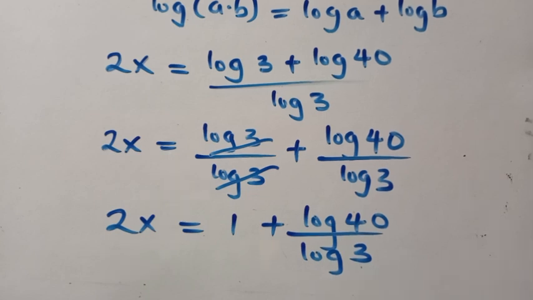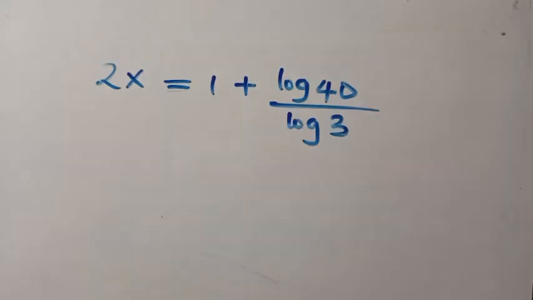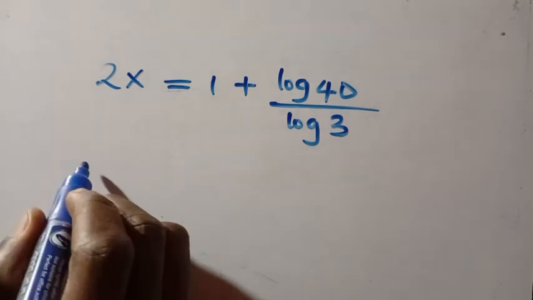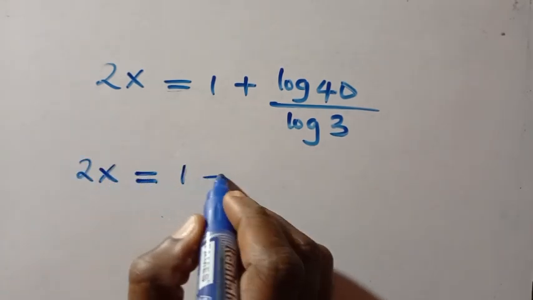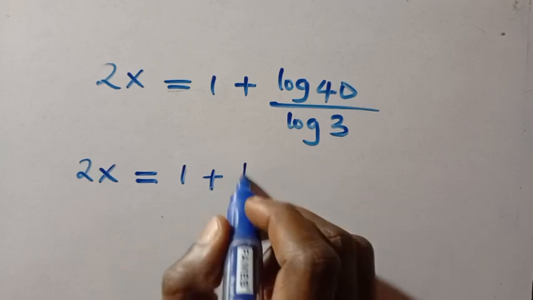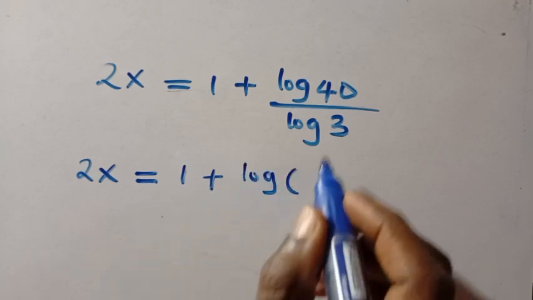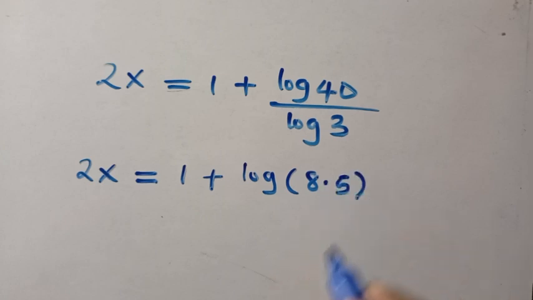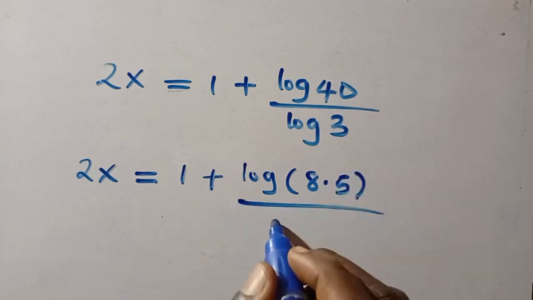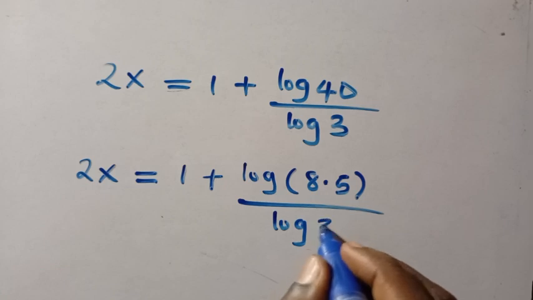And in the next step, we have 2x equals 1 plus log, so 40 is the same thing as 8 multiplied by 5, divided by log 3.